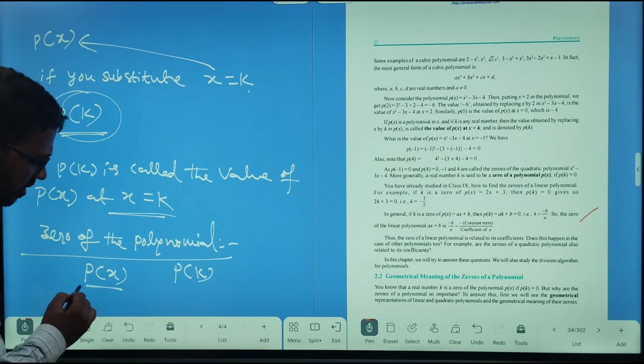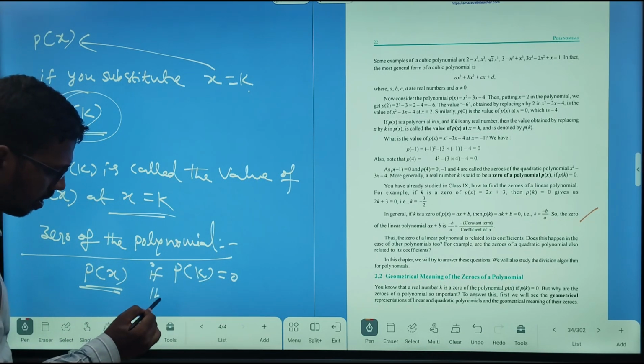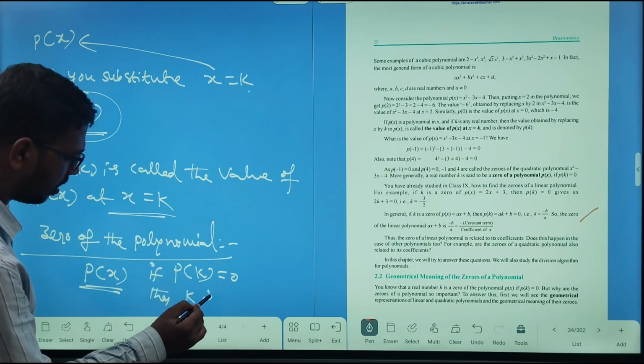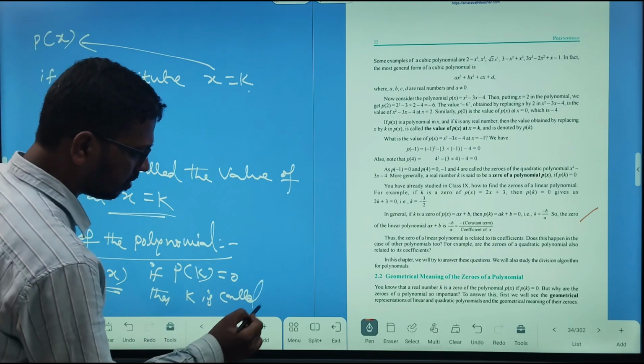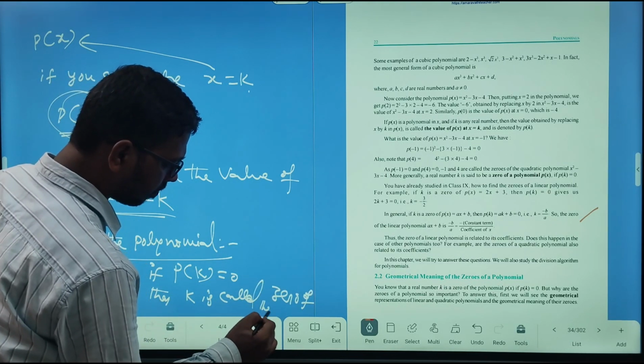So if p of x is a polynomial, and if p of k is equal to 0, then k is called a zero of the polynomial.